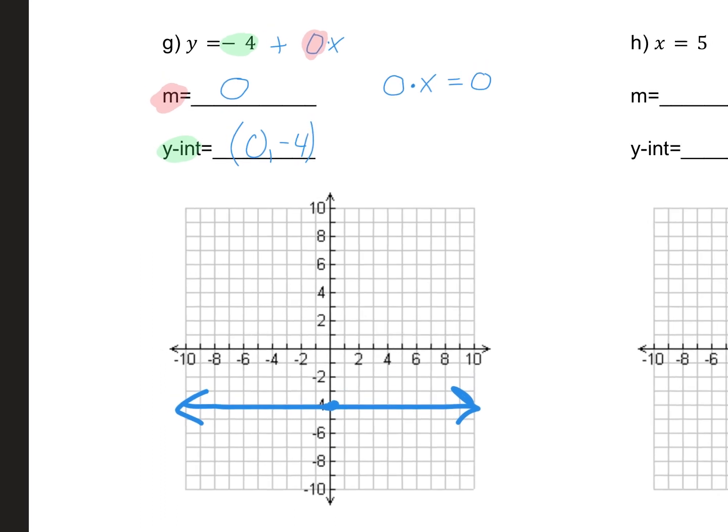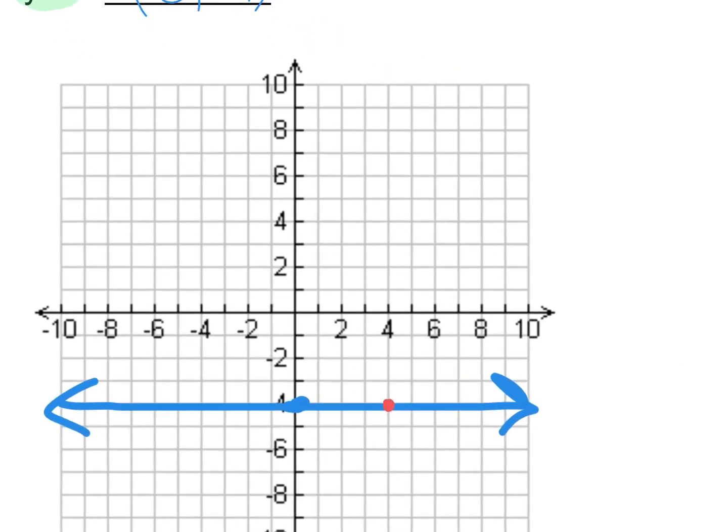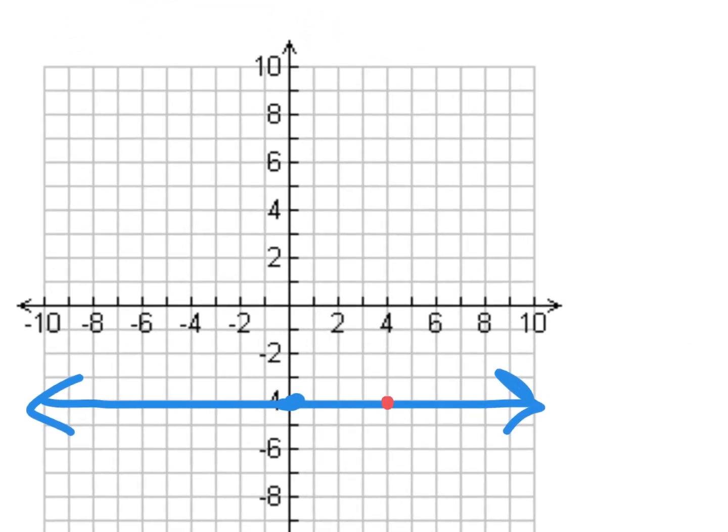And the other interesting thing about this is I can pick out any point on this graph. Let's say I went here, where that little red dot is. Okay, well, that is actually the point. If we trace our spots, x equals 4 and y equals -4. So that would be the ordered pair 4, -4.